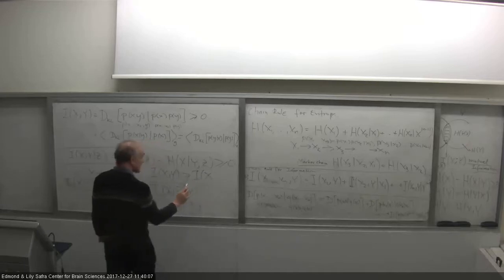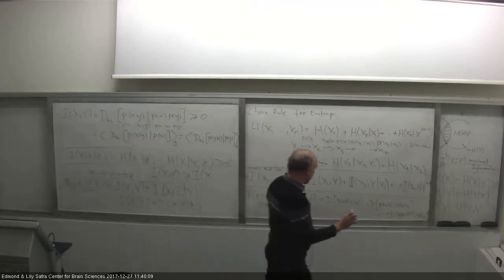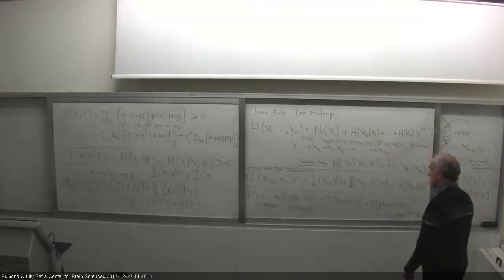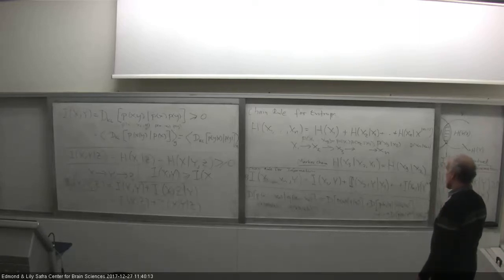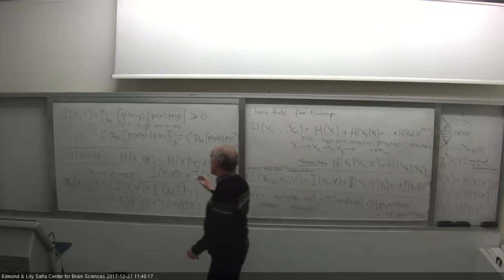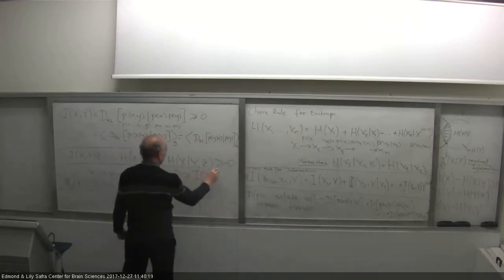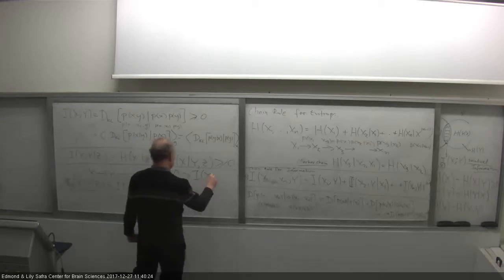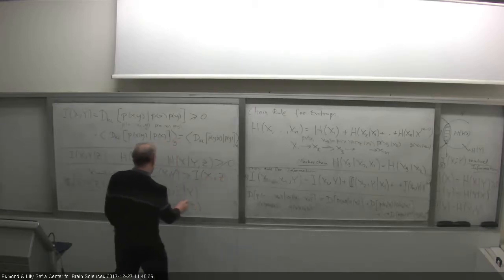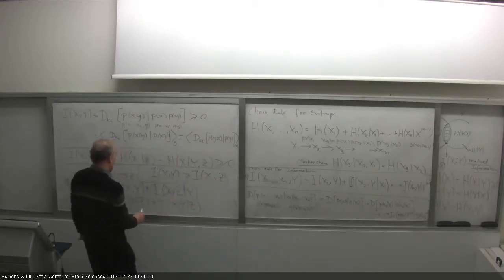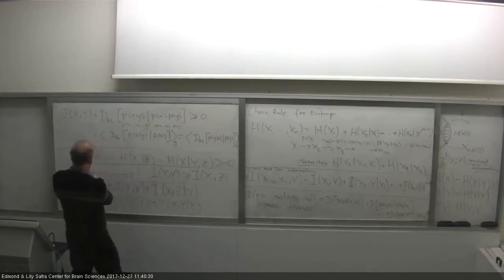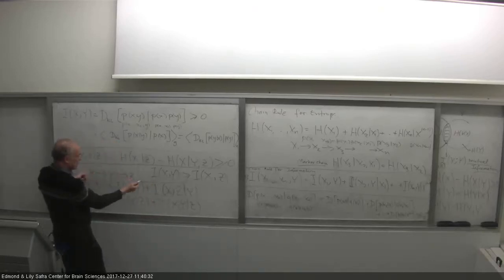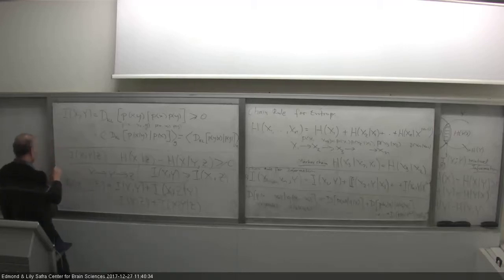So everything that I said has to be revised now a little bit. This is still positive because the entropy is reduced by conditioning, and what Hadass said actually was absolutely right. But if this is still positive, what I get from that is that the information along a Markov chain cannot increase, and this is what we call the data processing inequality.